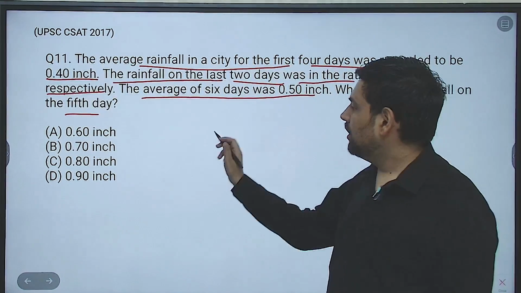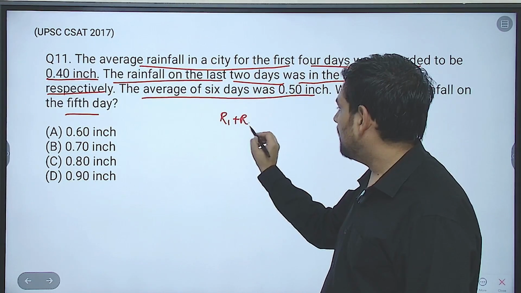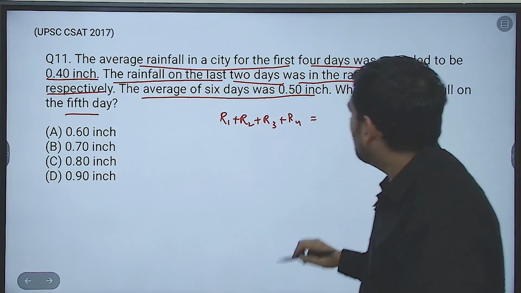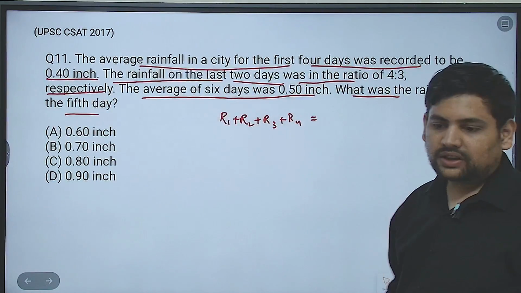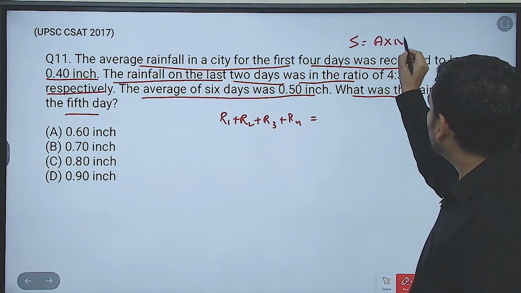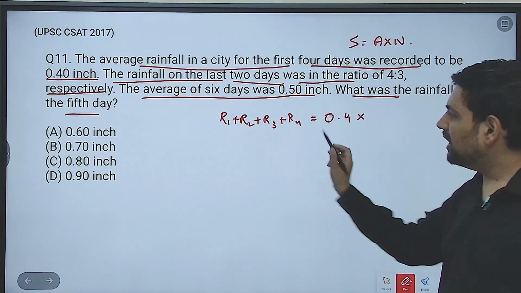Let's call rainfall R1 plus R2 plus R3 plus R4. For the first 4 days, average was recorded as 0.4 inch. Now, sum is equal to average into number. So average is 0.4 into how many? 4 are there.